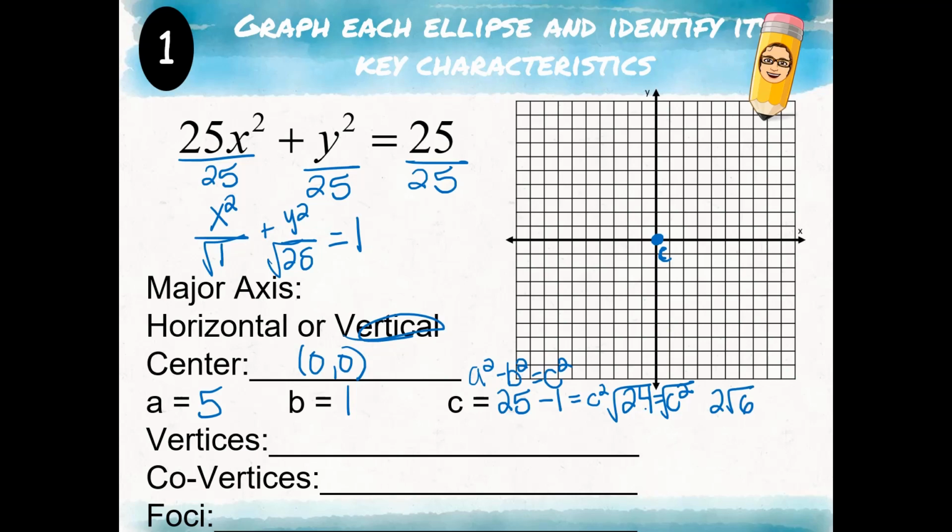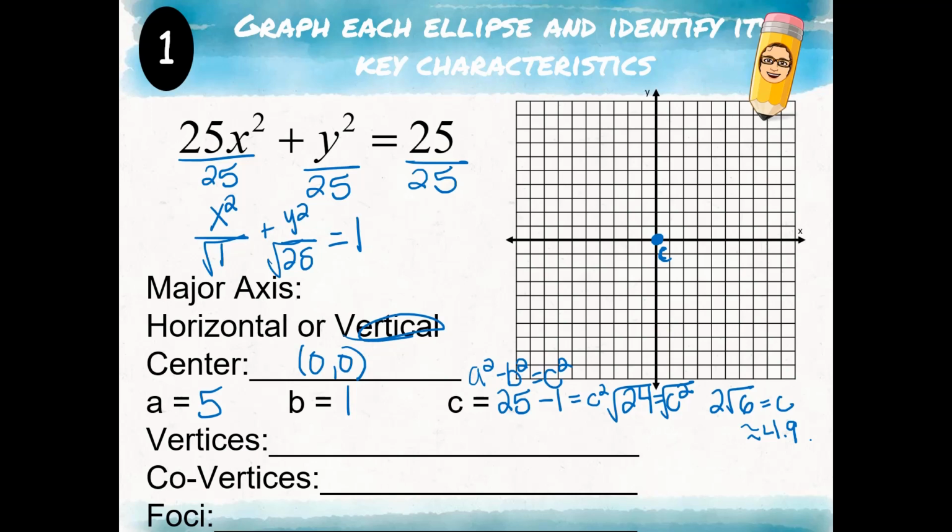Because 4 times 6 is 24, simplified, would be my c value. Now, again, we probably want that as a decimal equivalent. I'm guessing it's very, very close to 5. Probably like 4.9, something like that. Yeah, about 4.9, approximately.